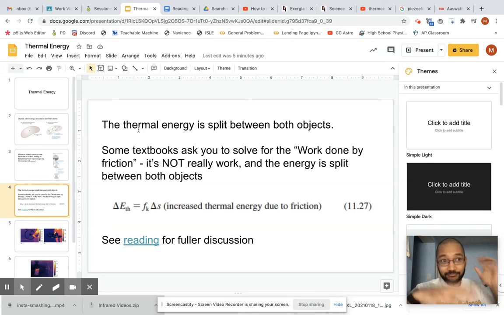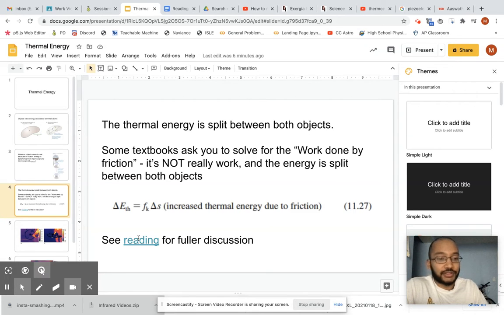That's technically what's going on, but in actuality, what they're really asking you to solve for is to treat thermal energy as work, as if it's all leaving the object in motion. It's not technically correct.